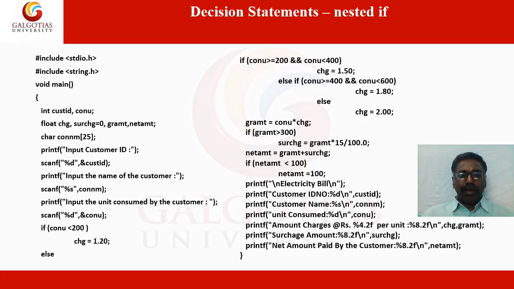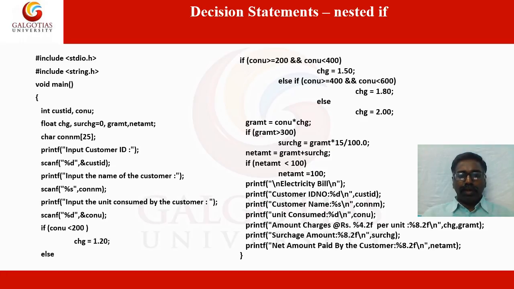Next, in the else part, we are going to take another decision. If the consumed unit is greater than 200 and less than 400, then the charge will be 1.5. That is the true part of it. If it is the else part, then it will be greater than 400. So now we move to another else if: if the consumed unit is greater than 400 and less than 600, then the charge will be 1.80.